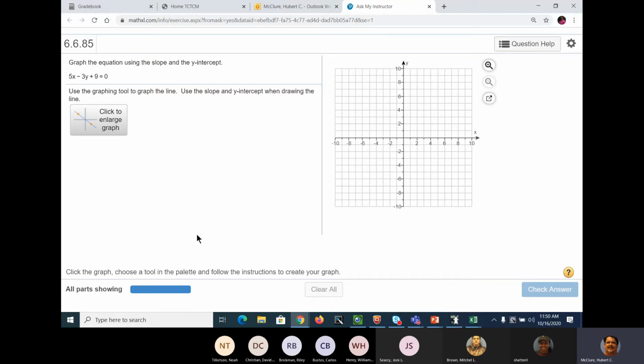So we've got 5x minus 3y is equal to negative 9. Okay? So there's our equation.